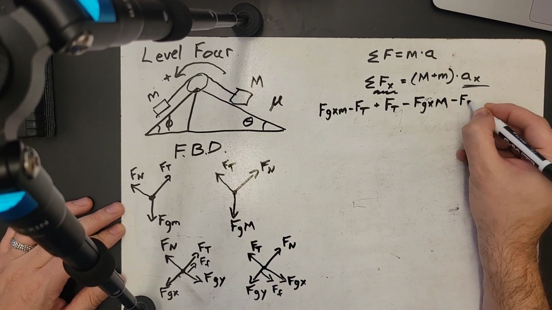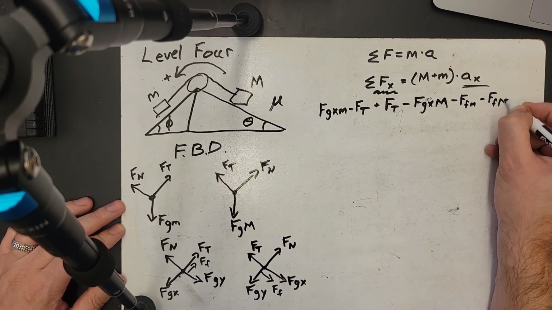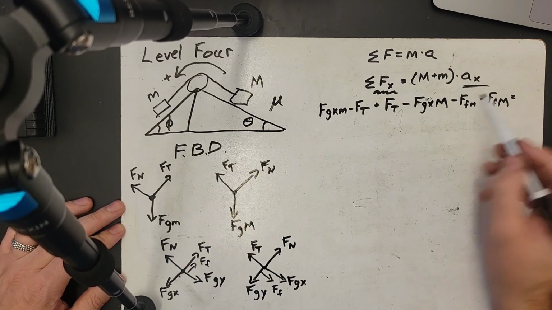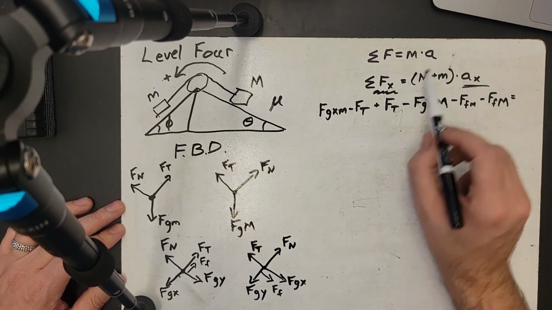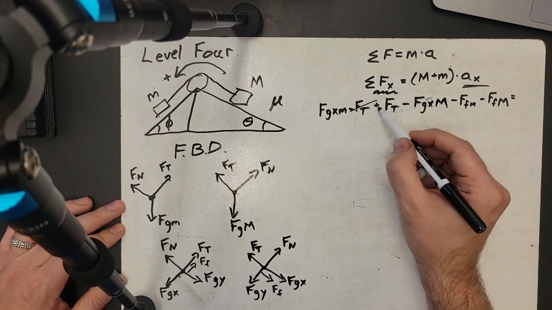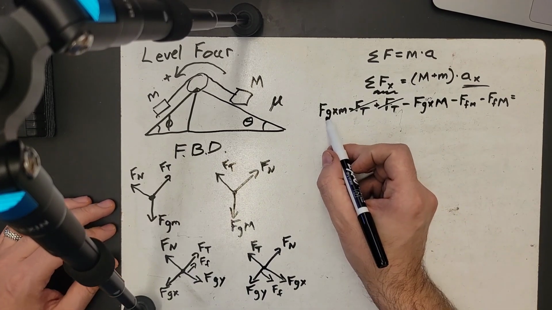So I'm just going to do force of friction on little m and force of friction on big M. And that big, ugly mess is going to be equal to this. All right. Minus tension force plus tension force. I don't care. All right, let's start putting things in.